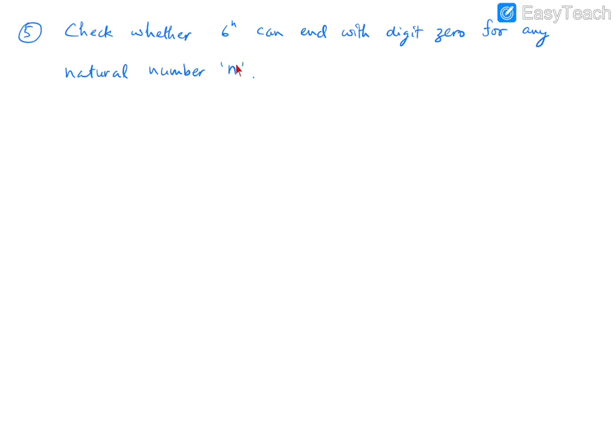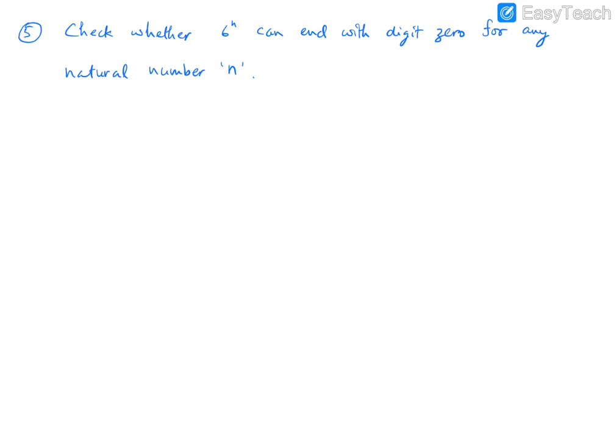Is there any value of n which, when substituted in 6 power n, results in a number that ends in 0? If the number ends in 0, then one of the factors of that number should be 5. Let's see if we can represent 6 power n in terms of some prime factor that involves the number 5.